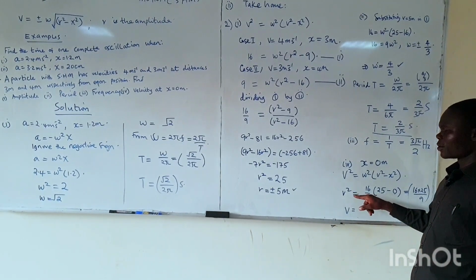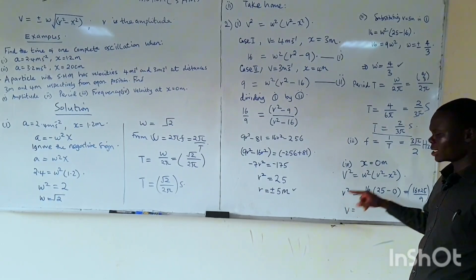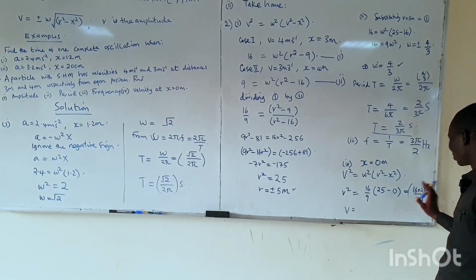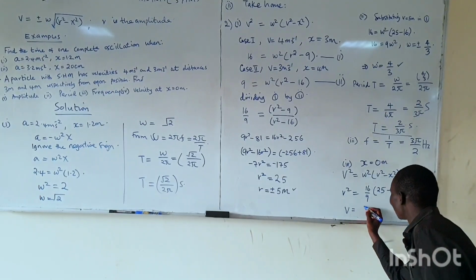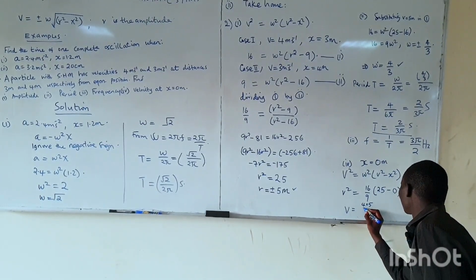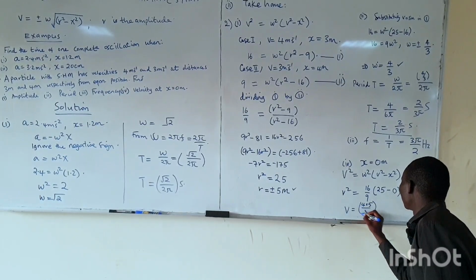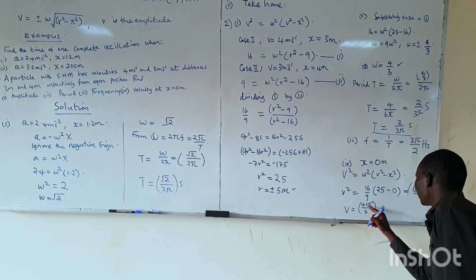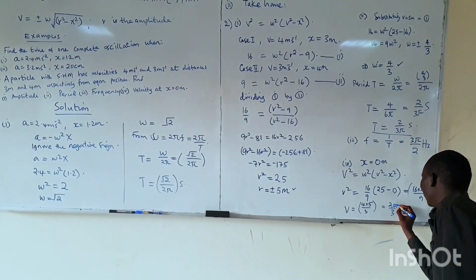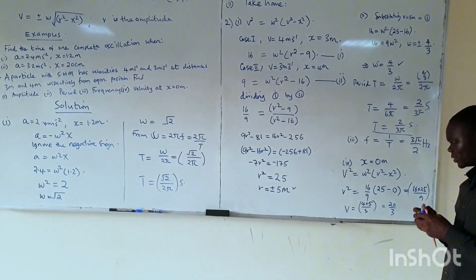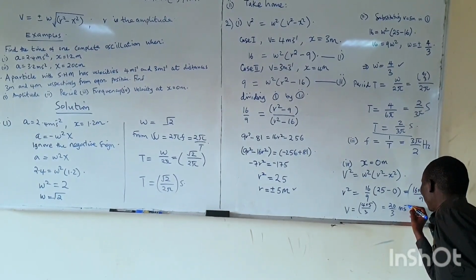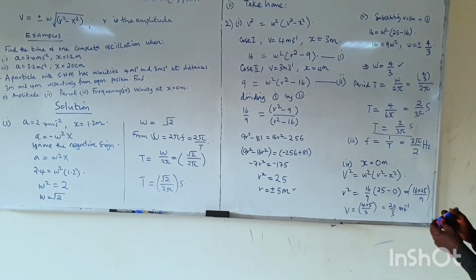Getting the square root of both sides, we shall have v is equal to the square root of this one. We shall have 4 times 5 divided by 3 being our velocity. So we can simplify this one to 20 over 3. And don't forget the units of velocity. We shall have 20 over 3 meters per second, full stop.